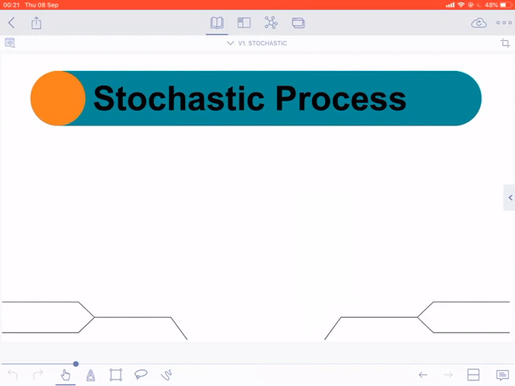We say a stochastic process is a process in which the observed values at each time are random variables, meaning that, in other words, it's a function. You can call it a function.